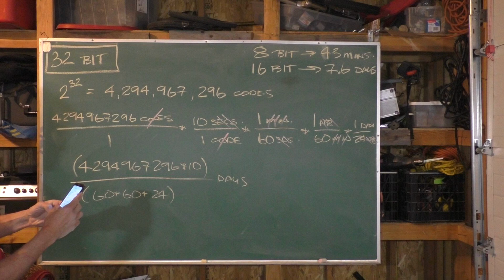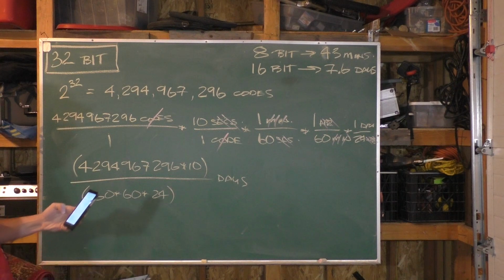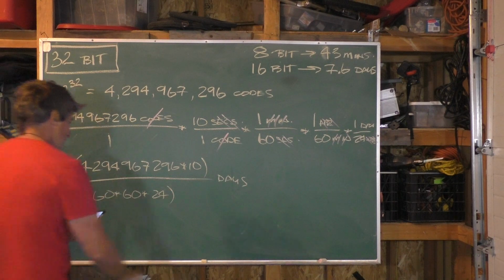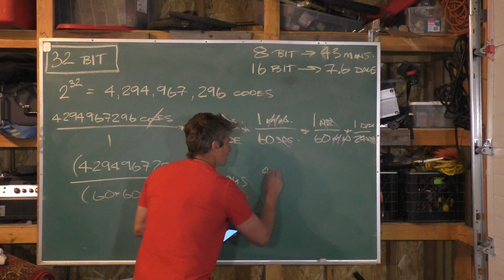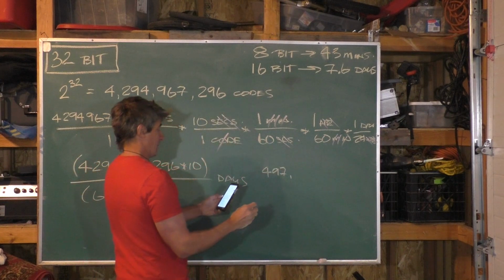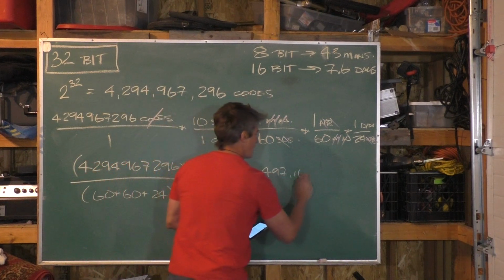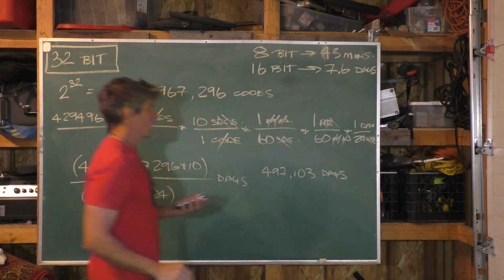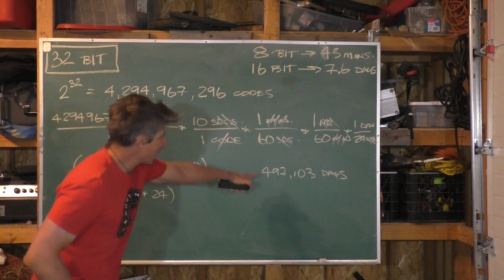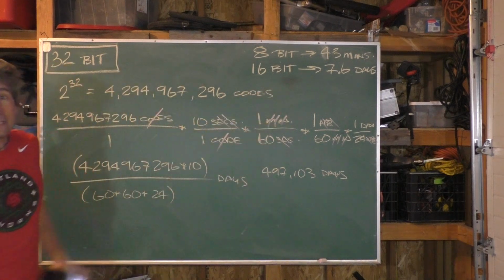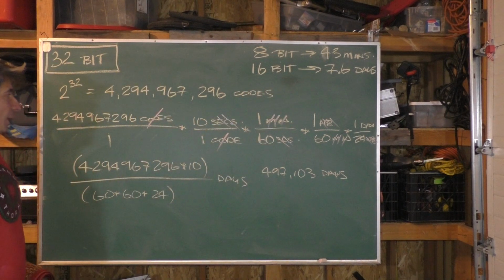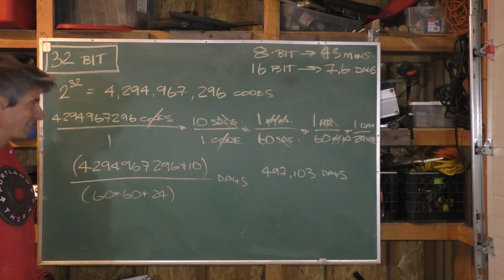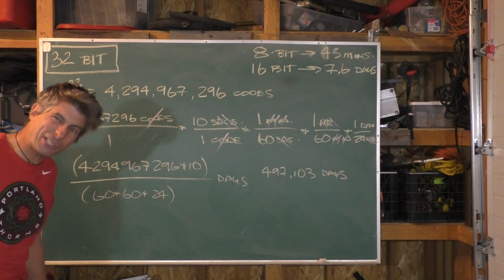Let's make sure I got everything in there right before I hit enter. Okay, I got it. That is going to be 497,103 days. Compare that number to 7.6 days. It's a bit more. As a matter of fact, I think we need to knock that down into years.